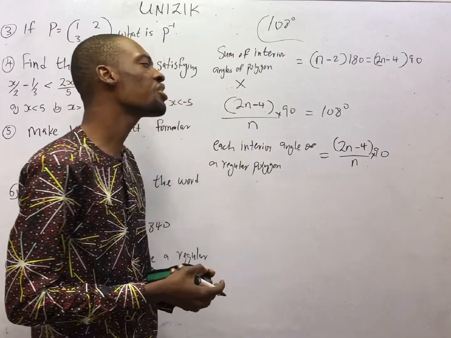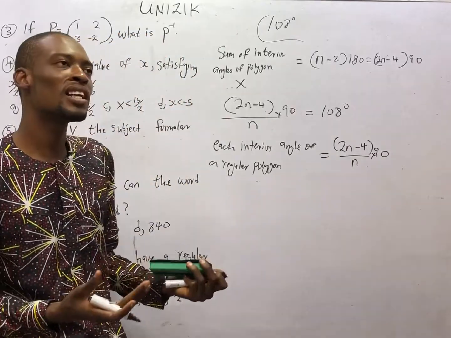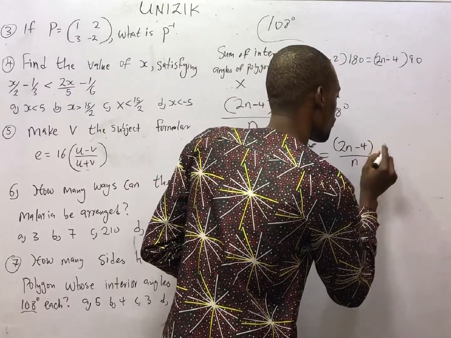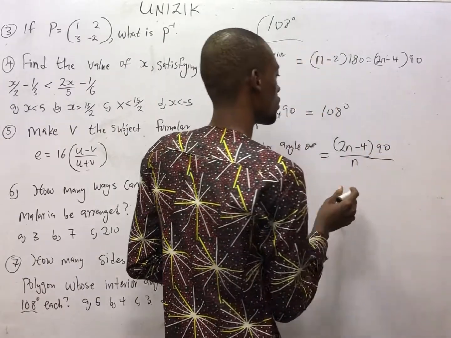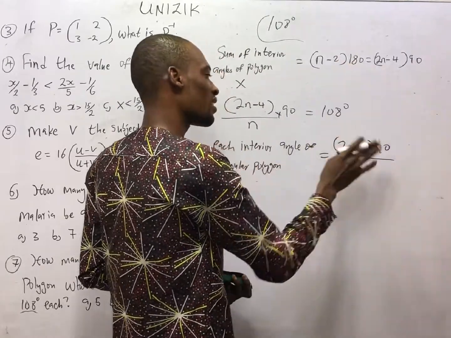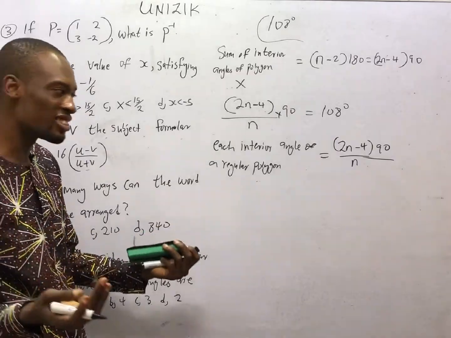So anytime you are given each interior angle of a regular polygon, you simply use this formula to solve, or you just put it like this. It's the same thing as n minus 2 times 180 all over n. So each interior angle is 108 degrees.